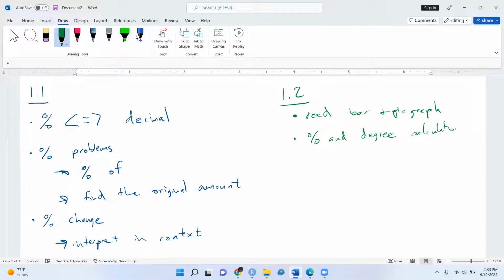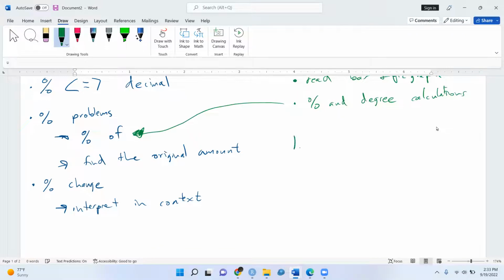So maybe I give you the total number of items in the bar graph and ask you how many are in a particular sector. Or I say how many degrees would make up this sector, that kind of thing. So these problems are essentially this same problem that you're doing back in 1-1, calculate a percent of.